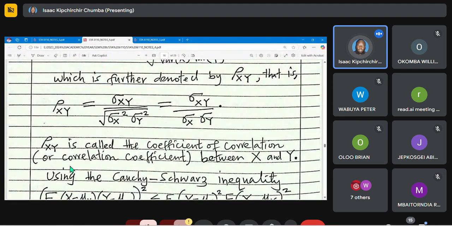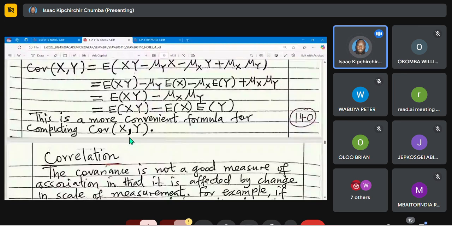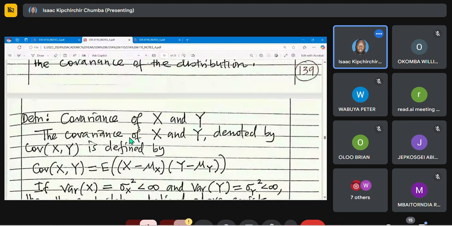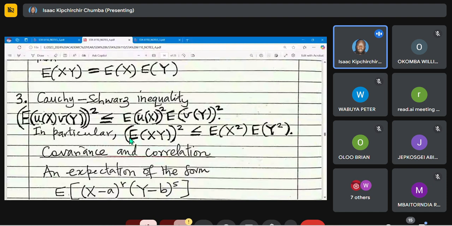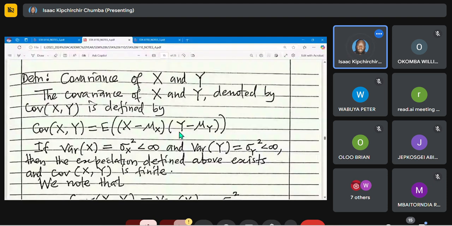Now I want to use the Cauchy-Schwarz inequality. The Cauchy-Schwarz inequality says the square of the expectation of u times v is less than or equal to the product of the expectations of the squares.